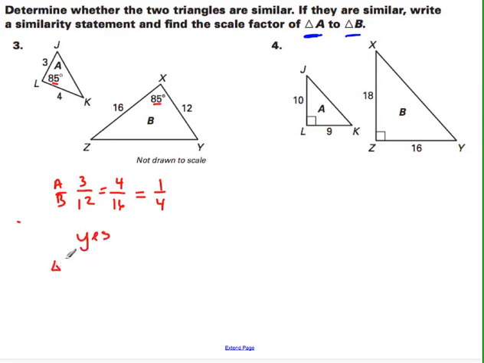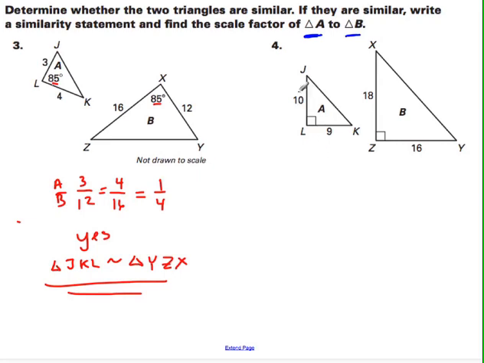I would name this in alphabetical order just for ease, triangle JKL. I'll say that's similar to, let's see, J was not the 85, but it was down the side that had the 3, so that would be Y. K was the other side, so that's going to be Z, and then I'll end with X, so YZX. And this order does matter. The first one doesn't, but based on the first one, your second one does matter.